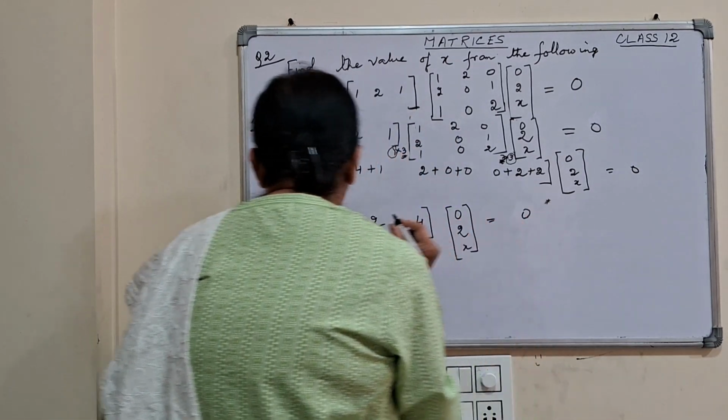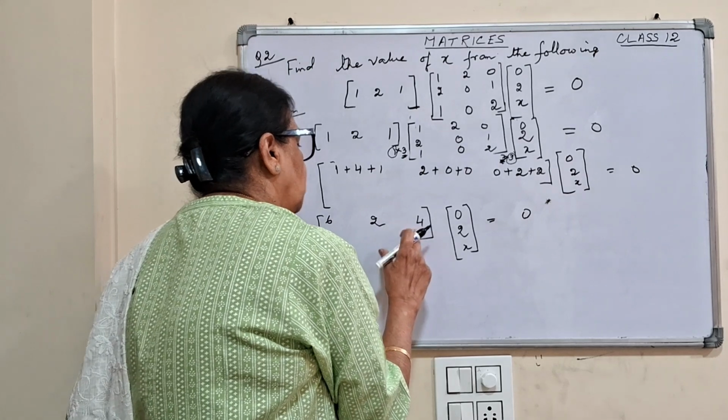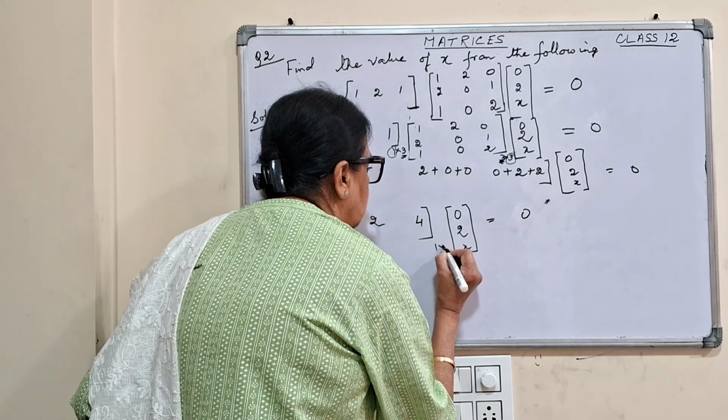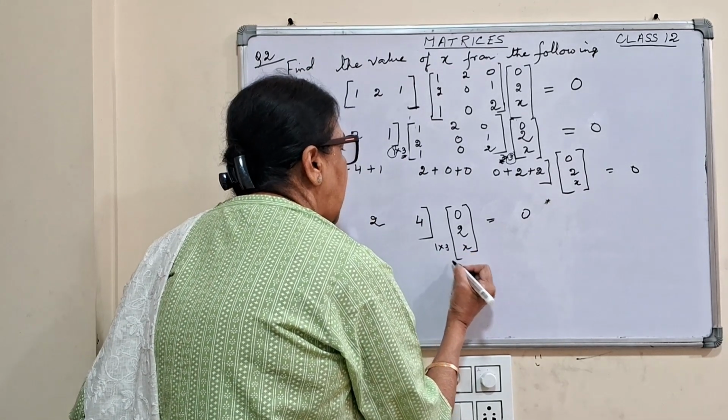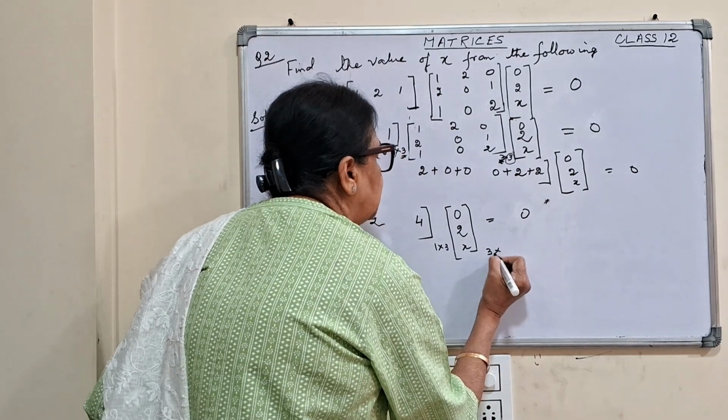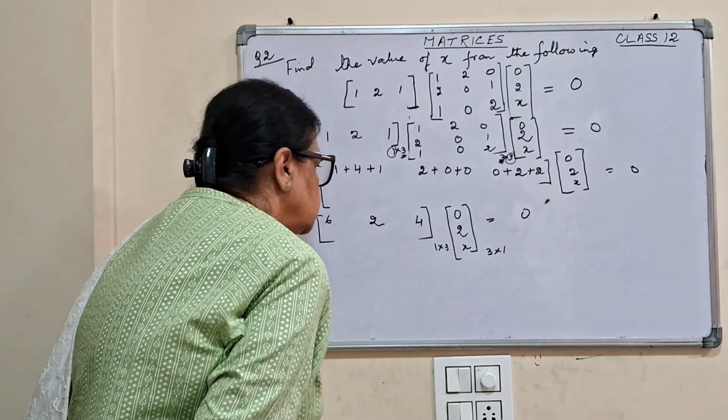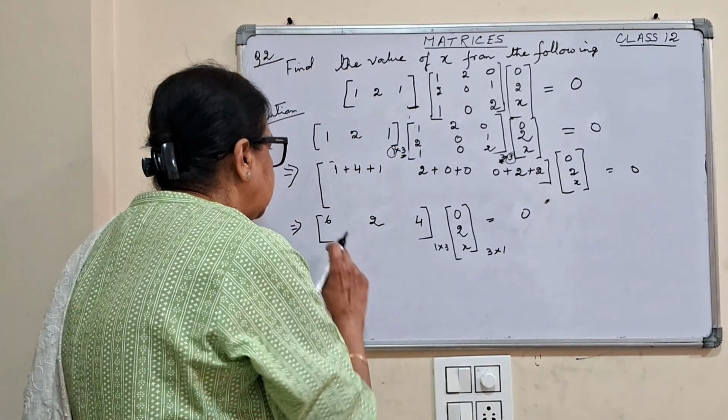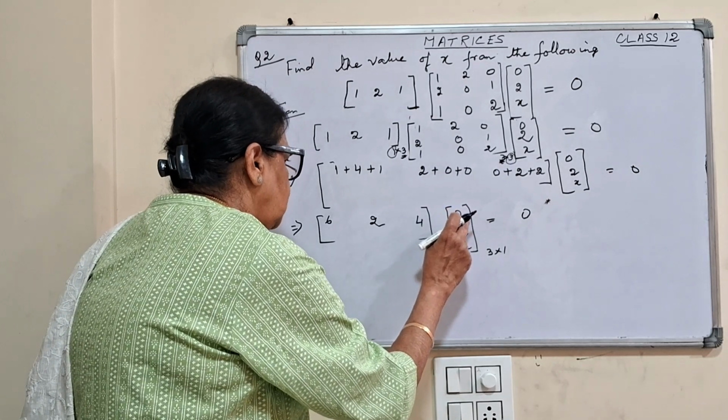This is one row and 3 columns and 3 rows into 1 column. So ultimately it will be a single entry.